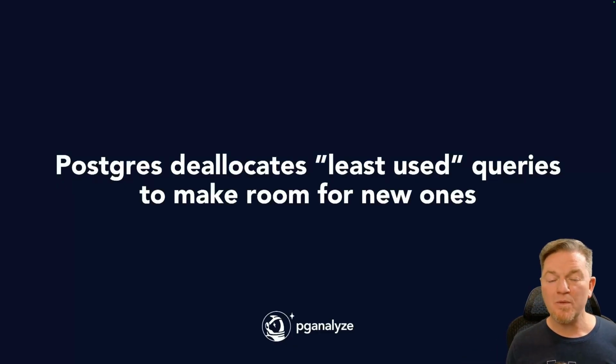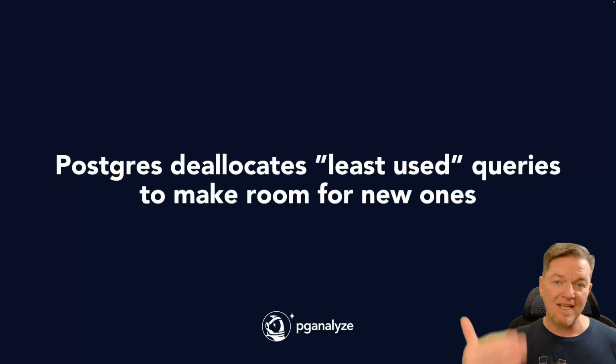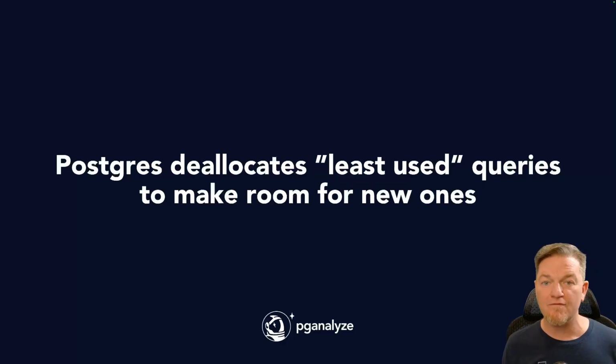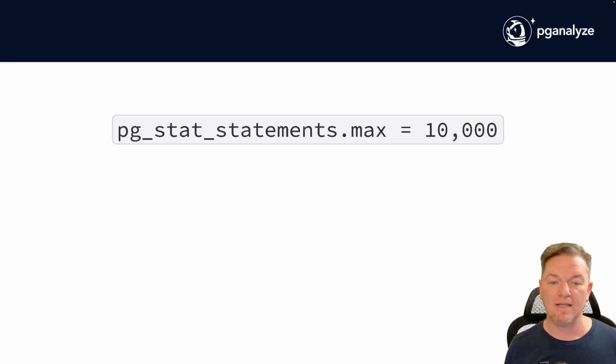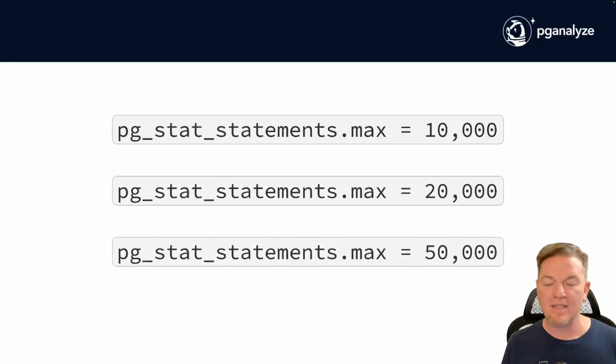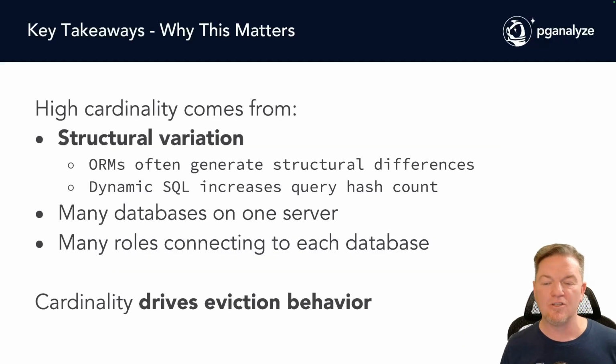That's because when Postgres reaches that max setting, when it's tracked, in this case, more than 5,000 queries, query 5001 needs a place for the metrics as it gets executed. So Postgres deallocates some of the information out of memory, and now that information's gone until the next time you begin to execute those statements again. It really doesn't matter how big this gets. Ultimately, if you aren't aware of what's happening to generate these unique queries, then you're still going to fill up those spots if you're not handling this correctly.